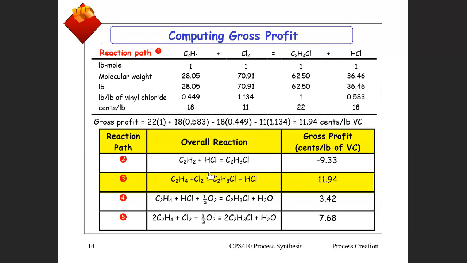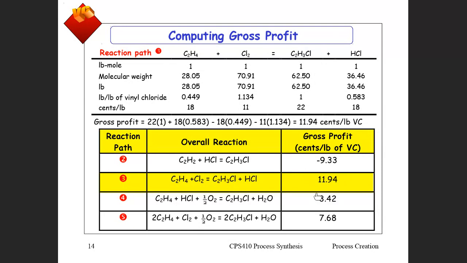and that's the main reason why one would do this gross profit calculation, is simply to eliminate losers. So this one's just not at all viable.